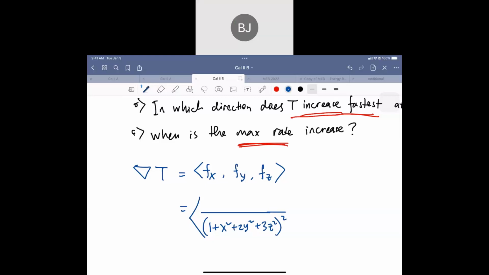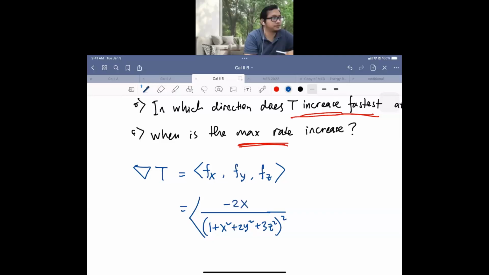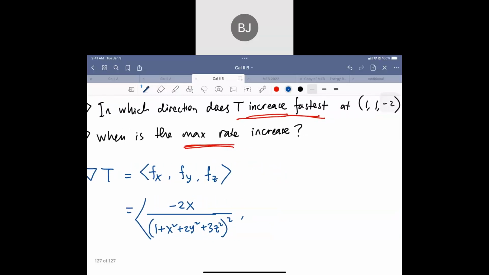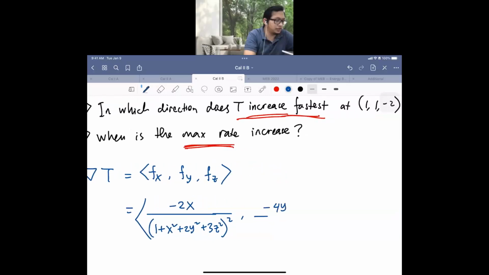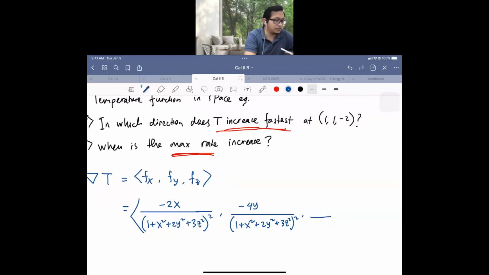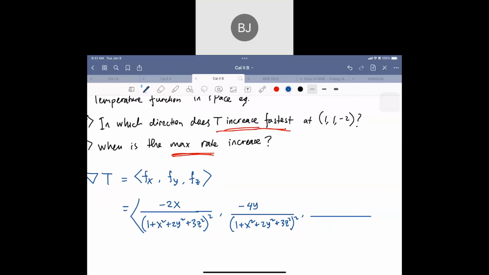And then we have negative 2x, and then another one, negative 4y, with the same denominator. Yeah, we can also use the quotient rule to make this happen.